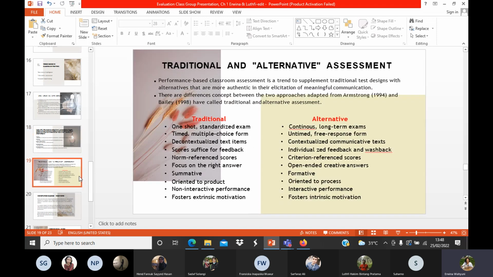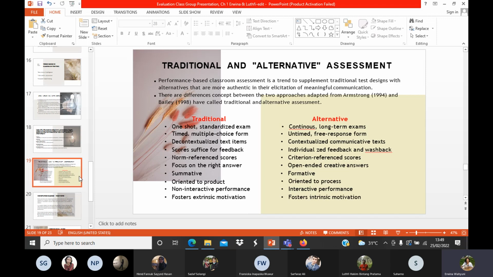The next issue is also about other assessment, which is called alternative assessment, and we can see here some differences between traditional and alternative. Traditional happens only one time, and it's very standard. Alternative can commence in continuous time, and it is long term.